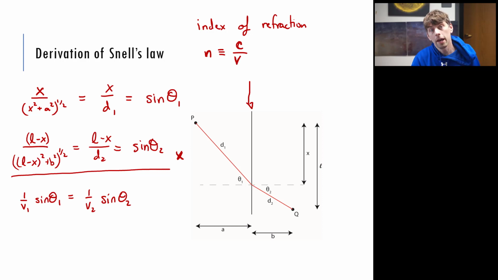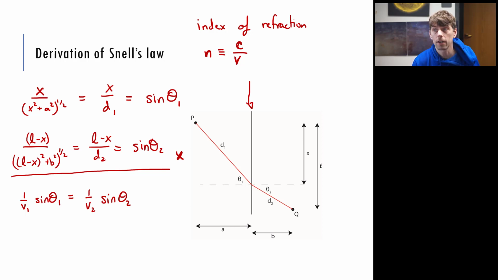And because it is defined as a ratio, you can see that the index of refraction is always greater than 1. The speed of light is the fastest, that's the speed limit. And so in any material, light will travel slower. And so the index of refraction is always greater than 1.